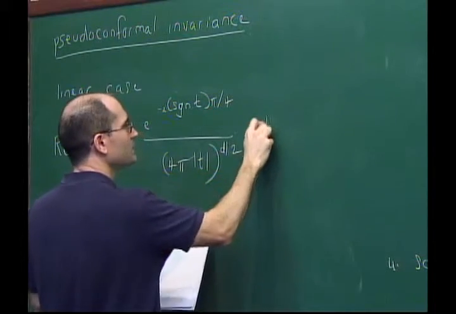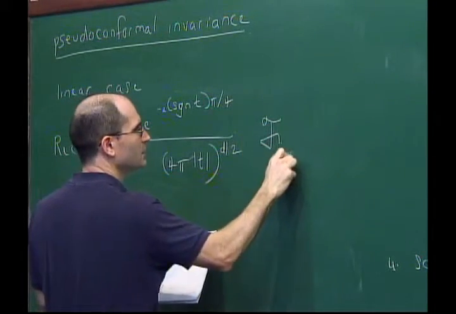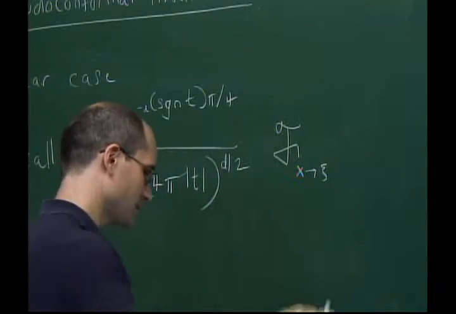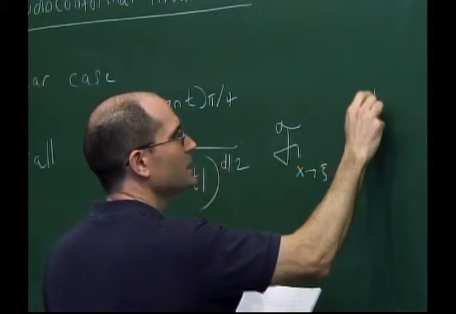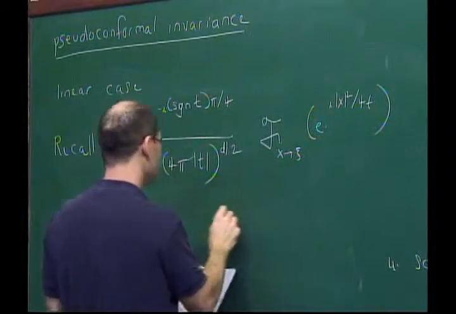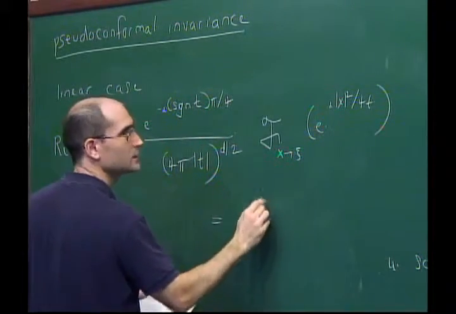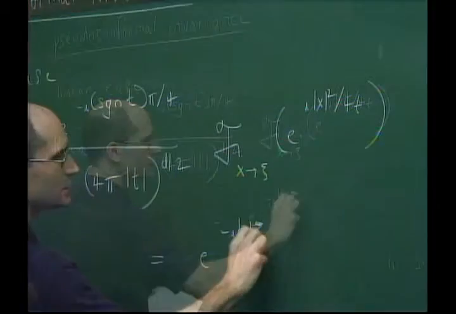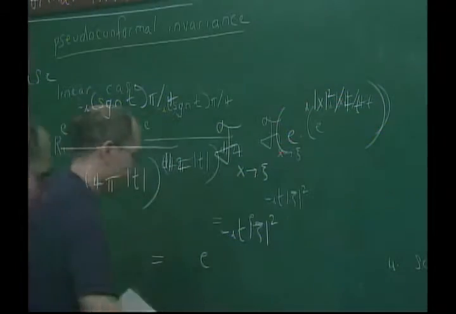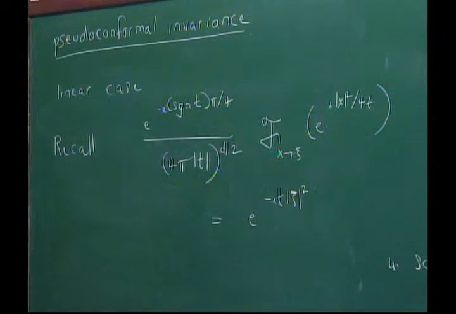And then we can take the Fourier transform, where we accept a function of x and produce a function of xi, of e to the i x squared over 4t. And you get just e to the minus i t xi squared. Okay? So that's a standard PDE exercise.